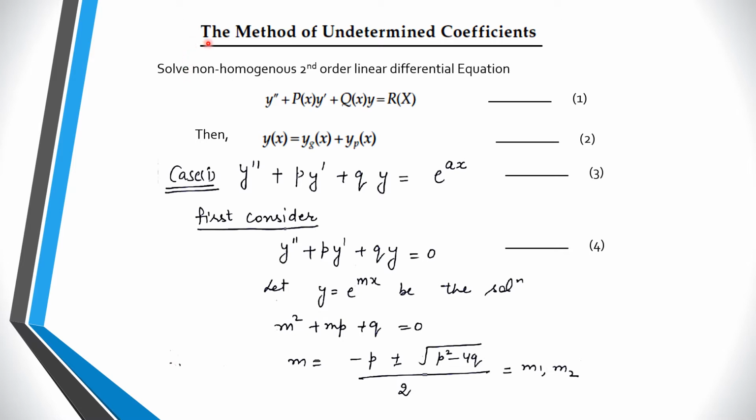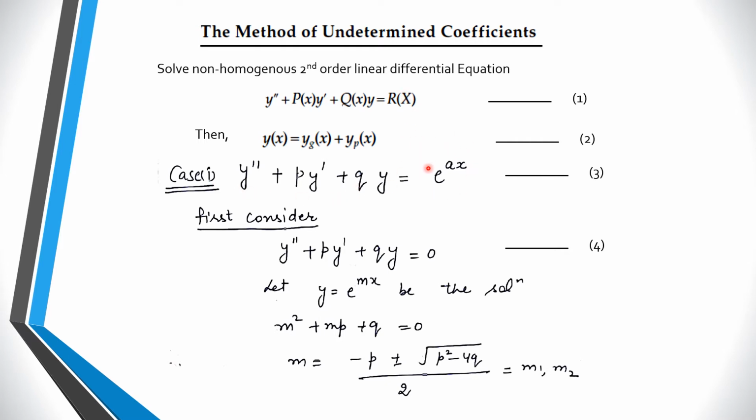Now what does the method of undetermined coefficients say? The first requirement is that p(x) and q(x) should be constants. Let p(x) be p and q(x) be q, and our r(x) is of a special form.